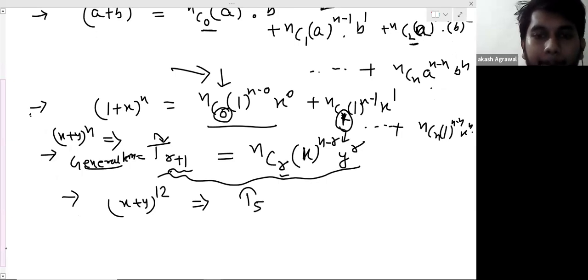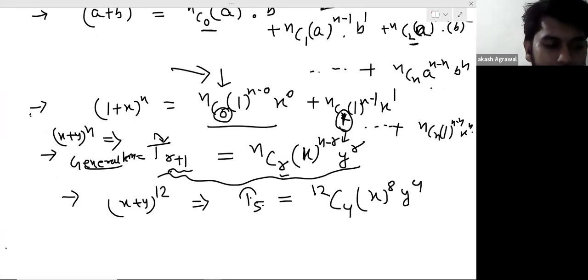So if I write T5, that means what is the value of r? 4. So the formula will be 12C4, x to the power 8, y to the power 4.